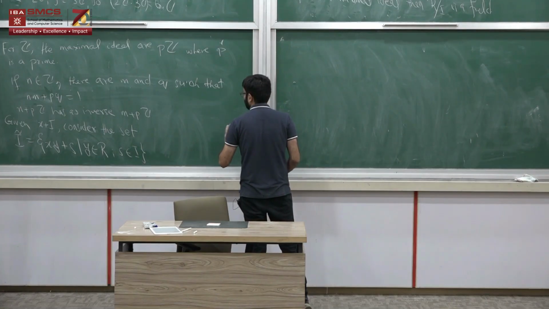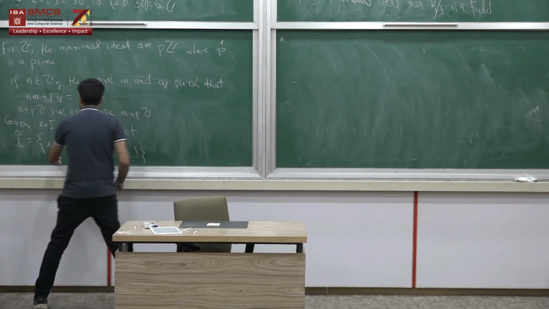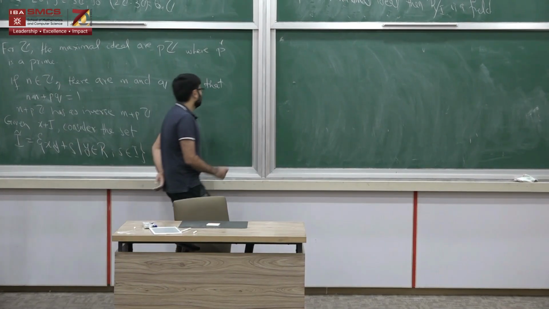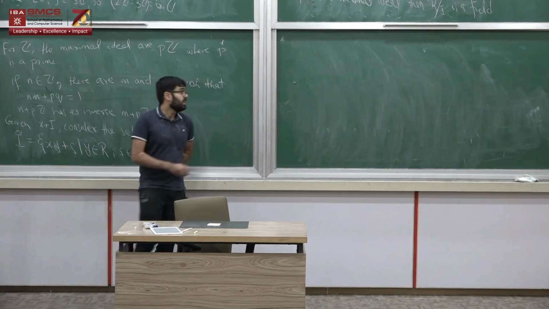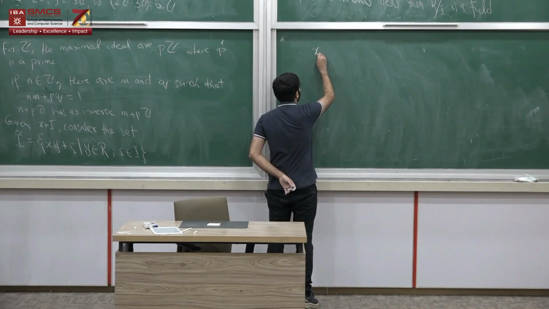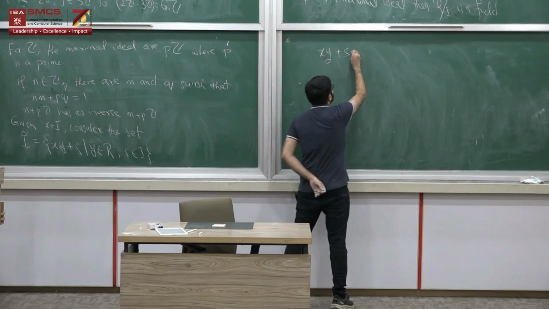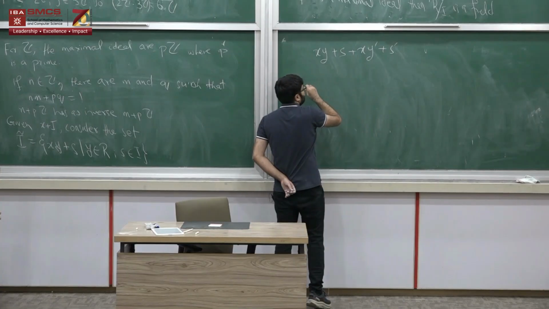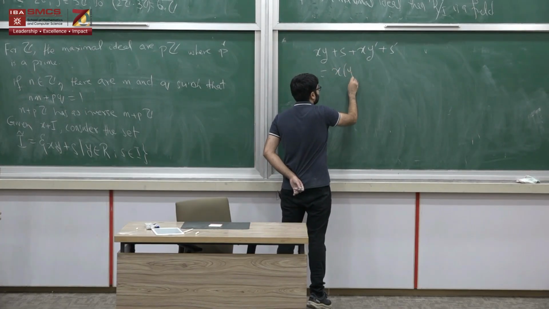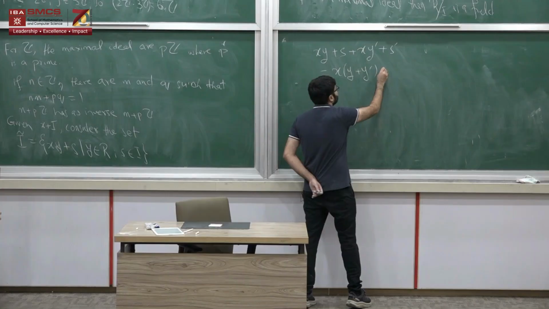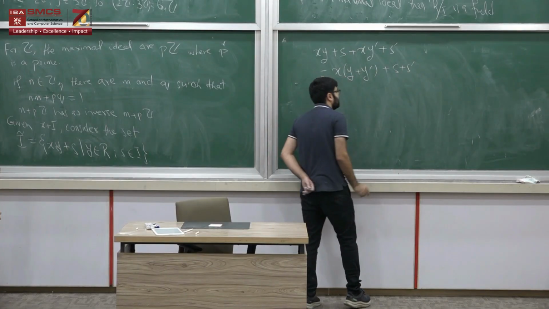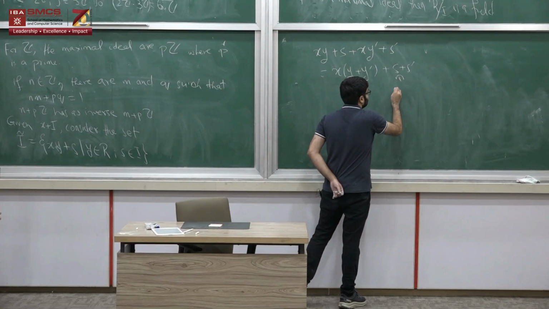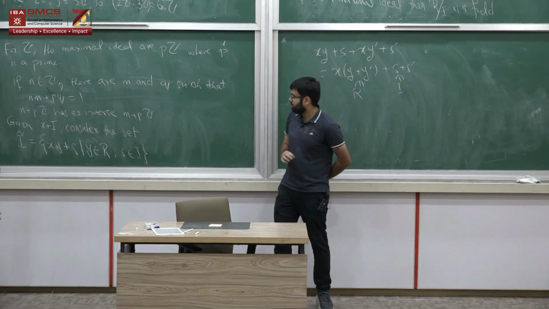So one thing we want to check is if I have two elements in this ideal, the sum is also in the ideal. So if I have x y plus s plus x y prime plus s prime, this is obviously just x times y plus y prime, plus s plus s prime, and this is in the ring and this is in the ideal. So we are safe.